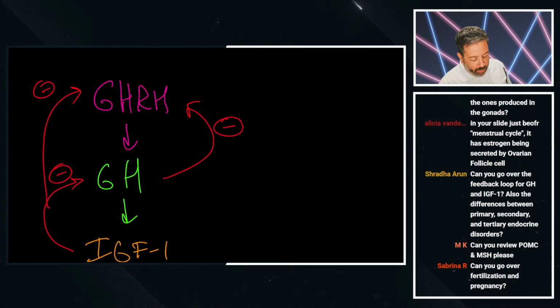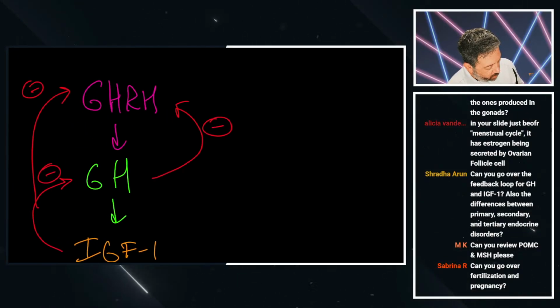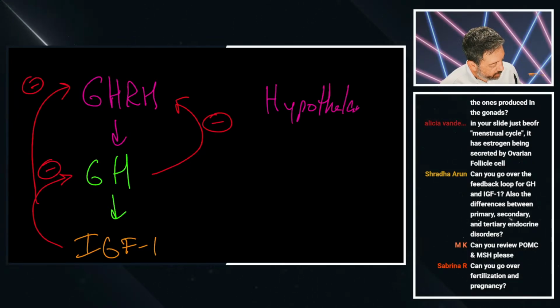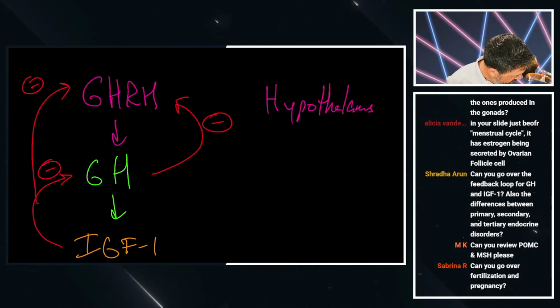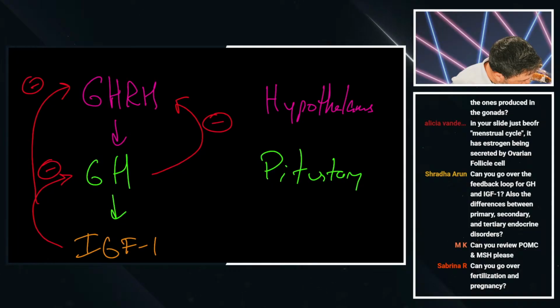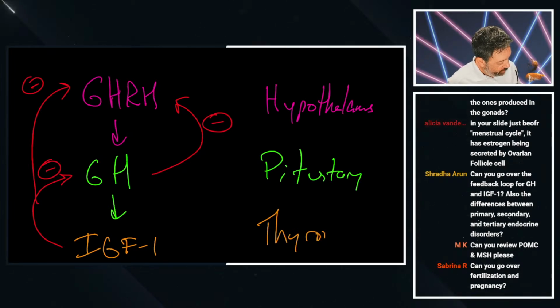And then when you talk about primary, secondary, and tertiary endocrine disorders, GHRH is the hypothalamus, then the pituitary, and just for the sake of this example, let's pick thyroid.